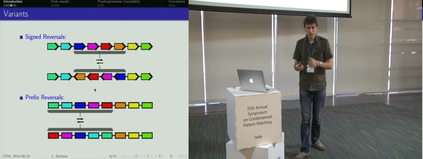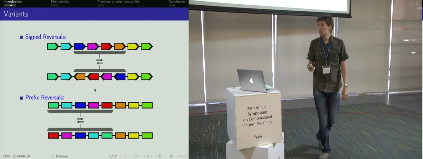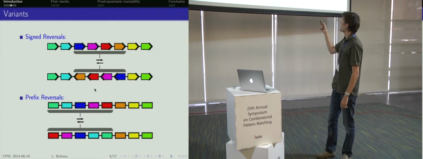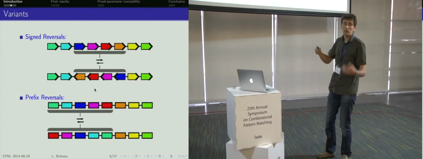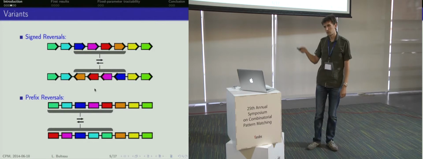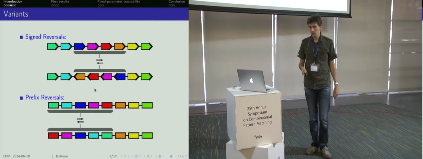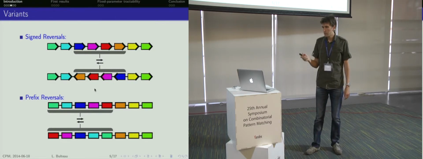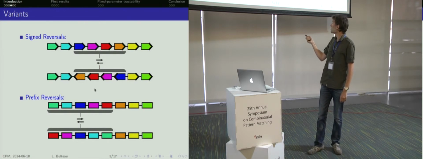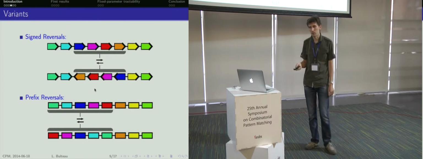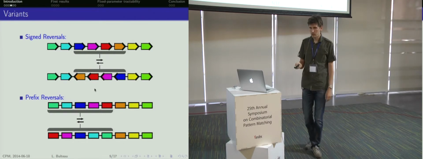We've got some variants for this. The signed variant, we have some information about the orientation of the genes, and the reversal inverts the orientation. And prefix reversals have only one cut point, so the other cut point must be at the end of the sequence. So we only split a prefix.